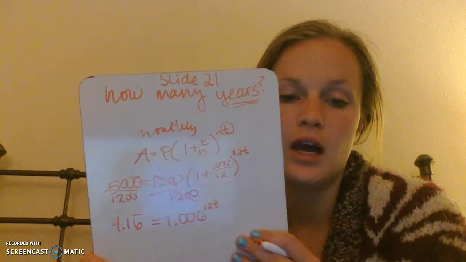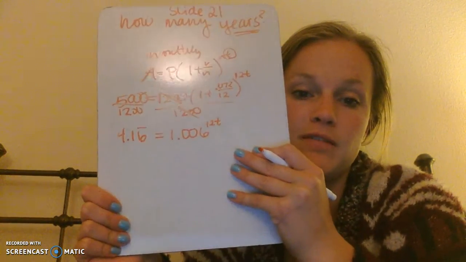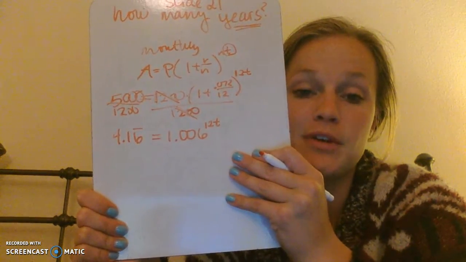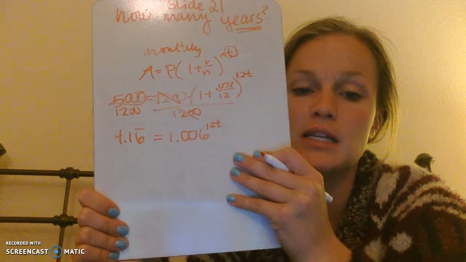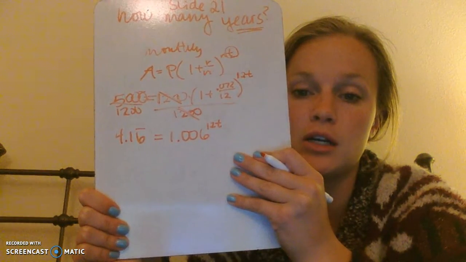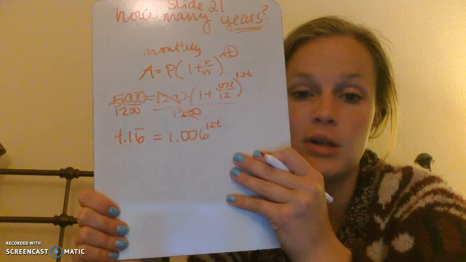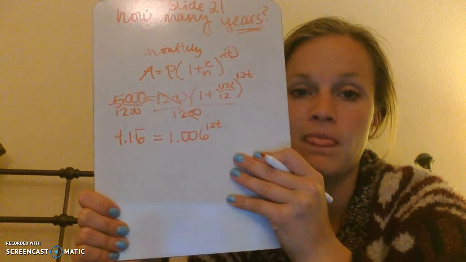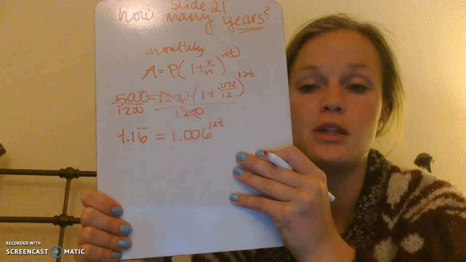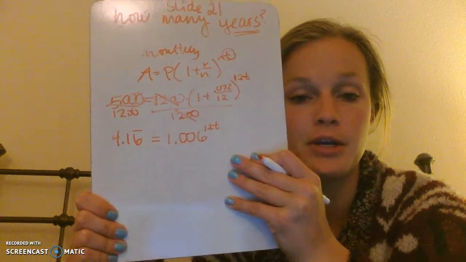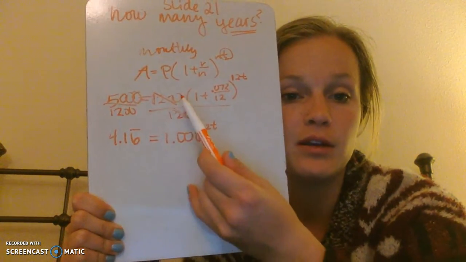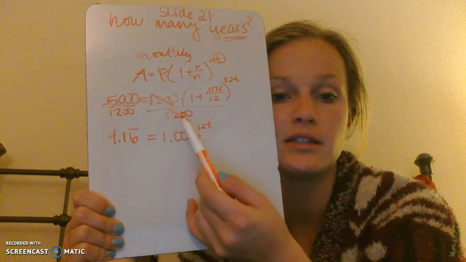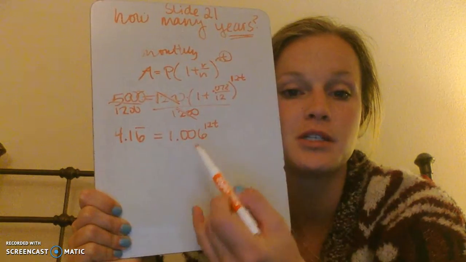Okay. At this point, my variable is in the exponent. Since my variable is in the exponent, that means I need to undo it with a log. The only way to get that variable out of the exponent is to undo the exponentiation. Remember, the relationship between logs and exponents is that they're inverse operations. Just like right here, we had times 1,200 divide by 1,200, and they canceled out because they're inverse operations.